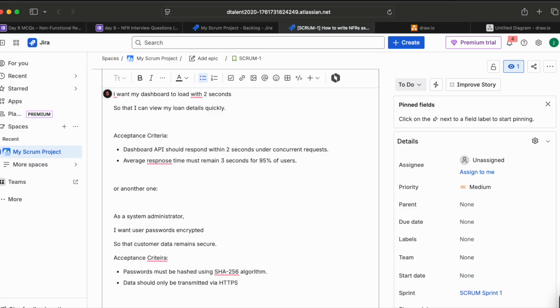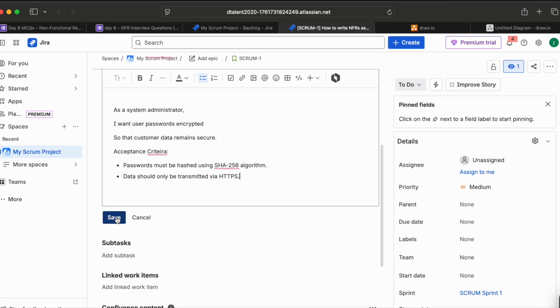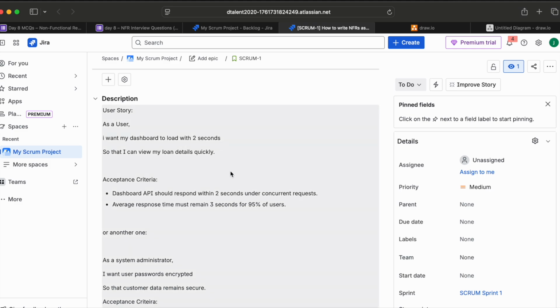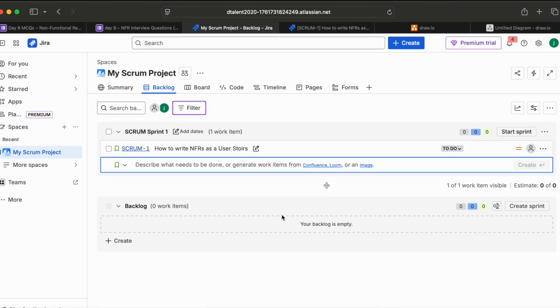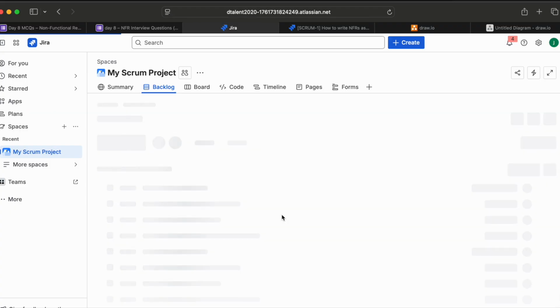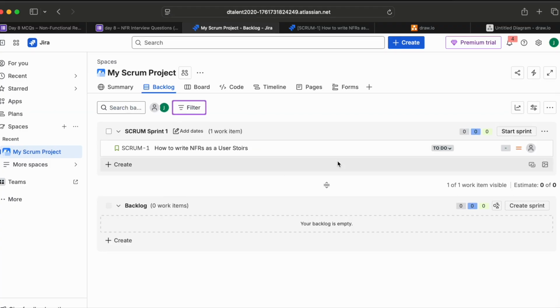Okay, writing them like this helps your dev team and QA team include them in their test plans, right? So now let's save this one. Let's go back to our product backlog. Let's refresh this one. Okay, so we have our user story ready here.